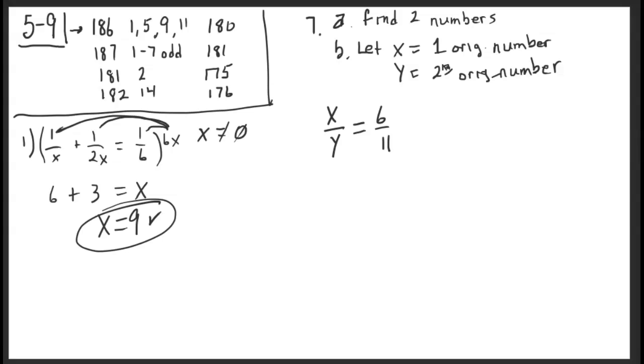But if we take the first number, what I called x, and decrease it by 4, and the second number, what I called y, and increase it by 6, the resulting numbers are in the ratio of 4 to 9 equals 4/9.